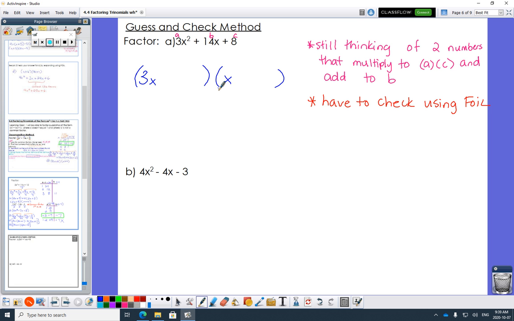If you do, but we're going to also see, so to me, you're still doing a chart in your head. So if you do, let's try, 8 is, let's check, so we get 3x squared plus 6x plus 4x plus 8. That's not going to get us 14. So it can't be that.